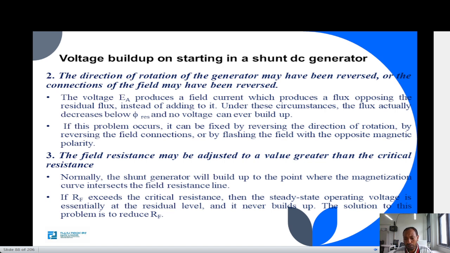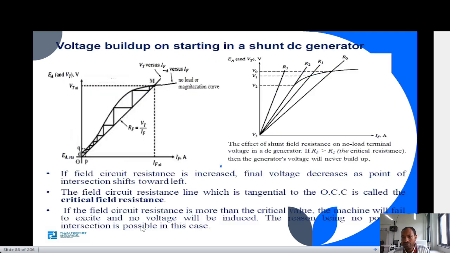So what is the solution for this? We have to reduce the field resistance. Reducing the field resistance means we are trying to pull down the field resistance line to get inside the OCC curve, either here or anywhere. If we reduce it, then it will start building the voltage required for the DC generator to start.